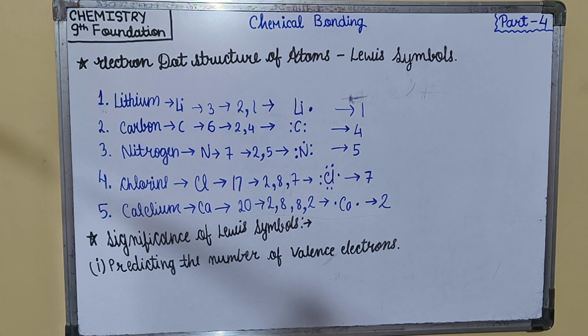The number of dots present around the symbol gives the number of electrons present in the outermost shell, that is number of valence electrons.